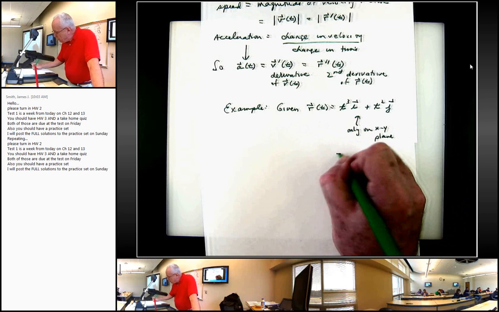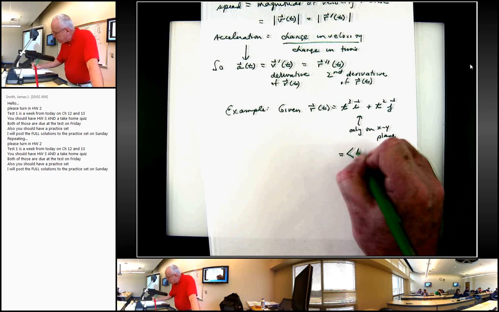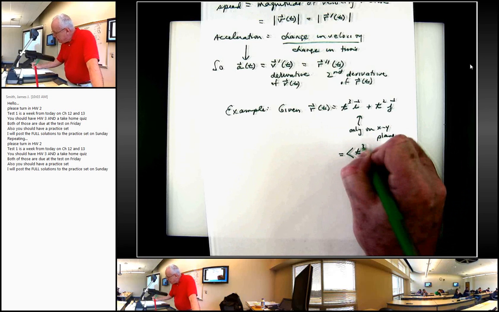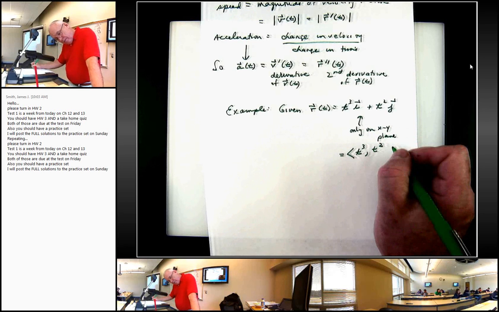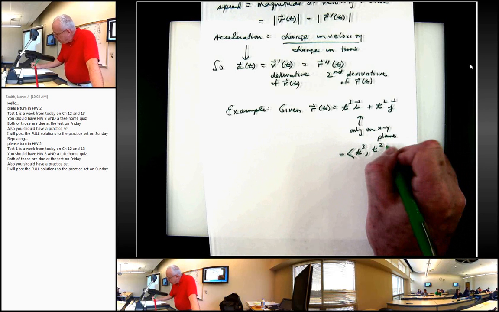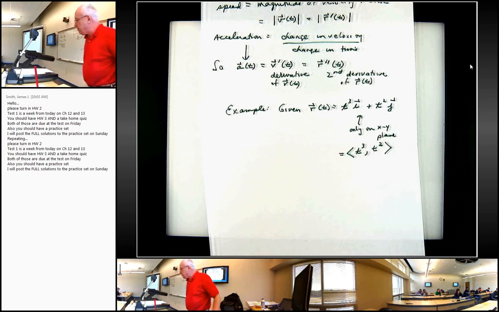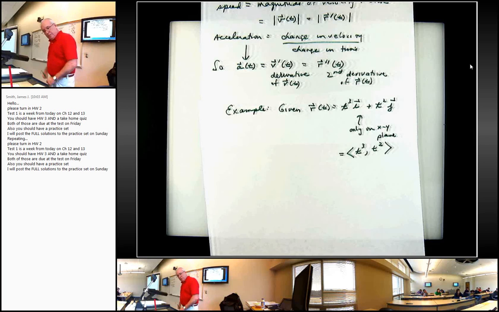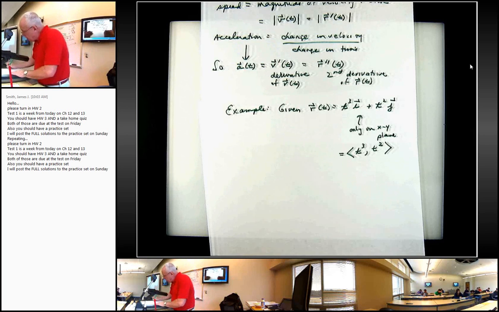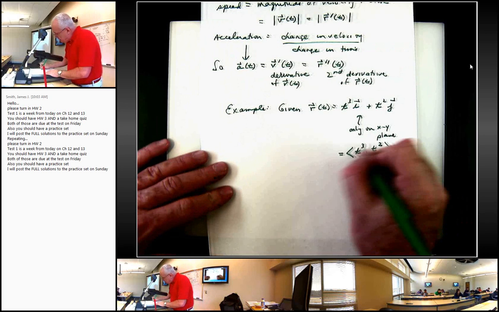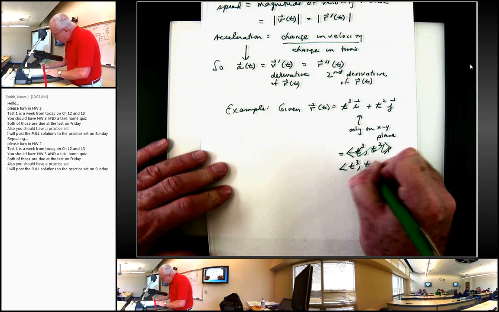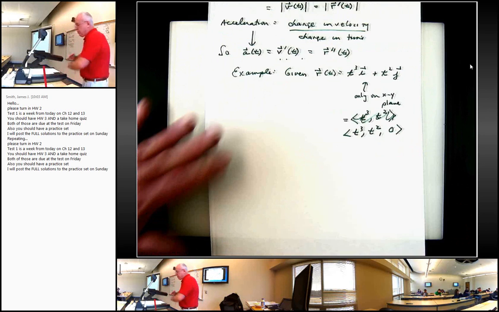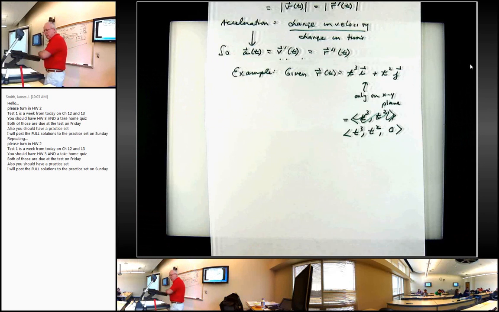I could also write it using the angle brackets as t cubed, comma, t squared. Let's go on and put the 0 there for the z component.